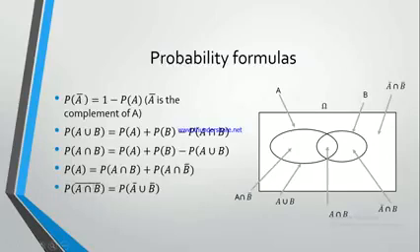Using De Morgan's law, we can conclude that the probability of the complement of the intersection of A and B is equal to the probability of the union of the complement of A and the complement of B. And the probability of the complement of the union of A and B is the probability of the intersection of the complement of A and the complement of B.